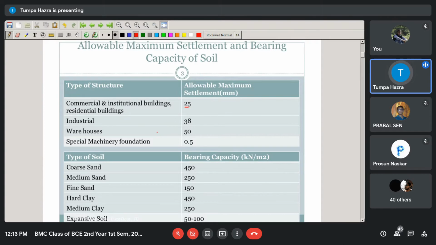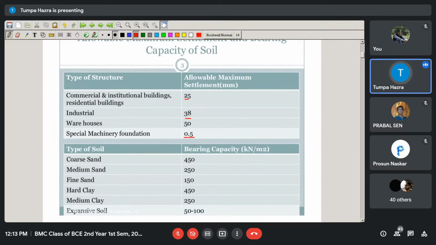If it is industrial building, then the allowable maximum settlement is about 38 millimeter. And if it is special machinery foundation, which is of much importance, then allowable maximum settlement is very low, only 0.5 millimeter.